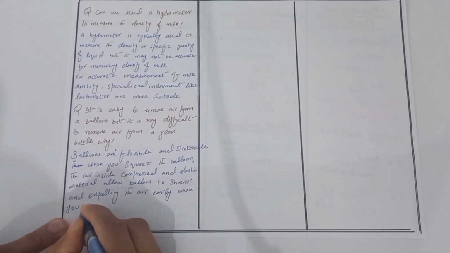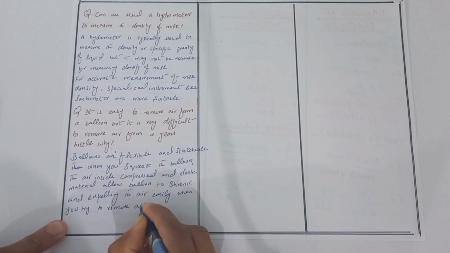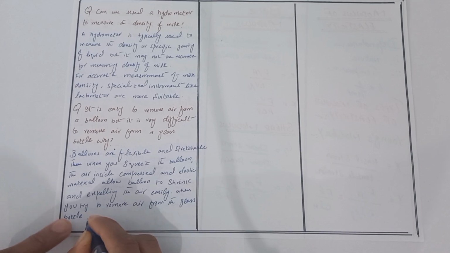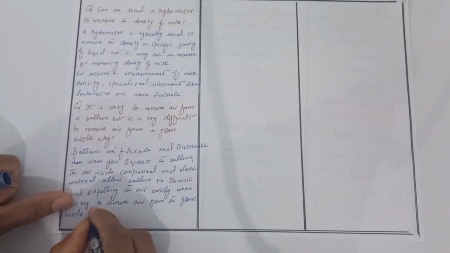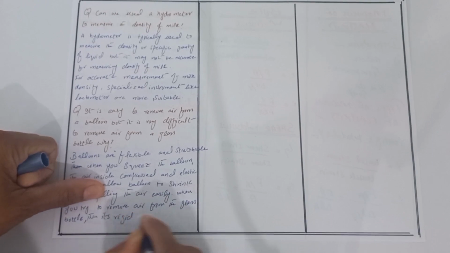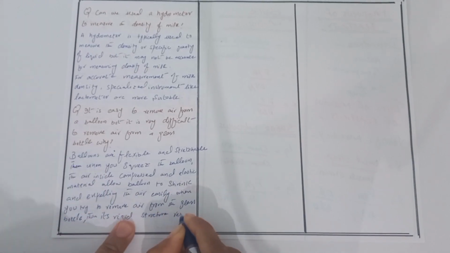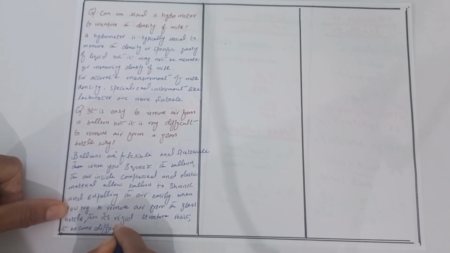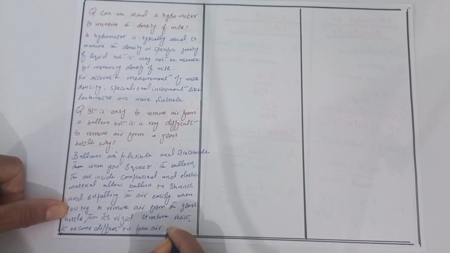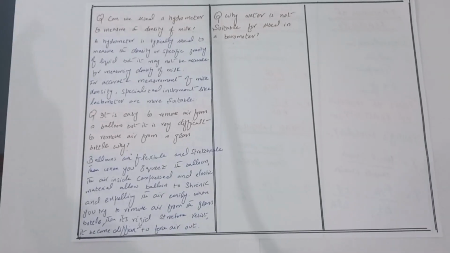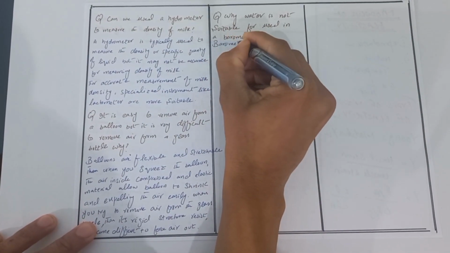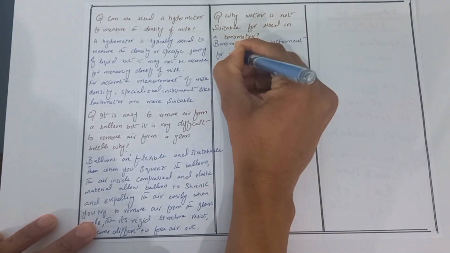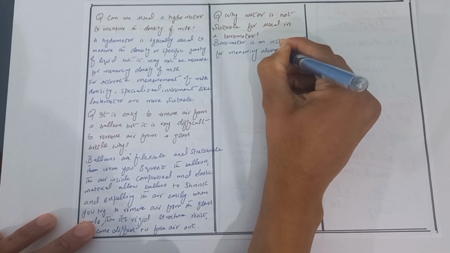When you try to remove air from the glass bottle, its rigid structure resists. It becomes difficult to force air out. A barometer is an instrument for measuring atmospheric pressure.